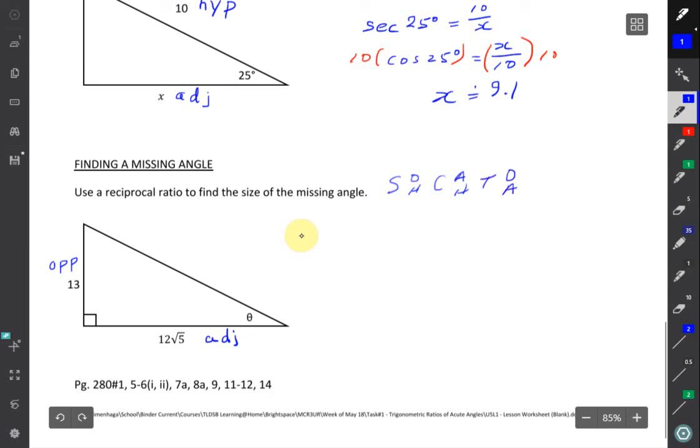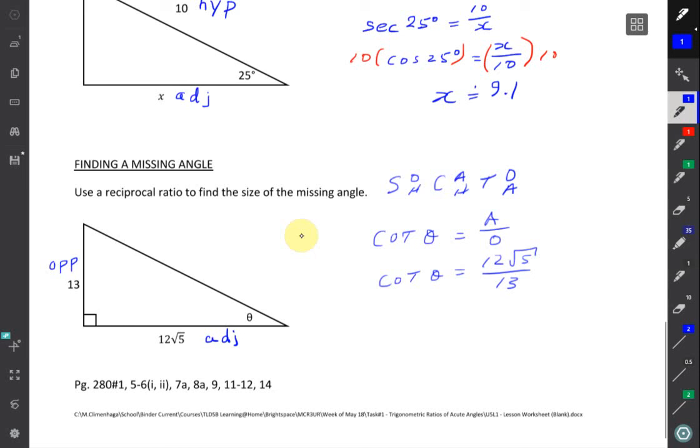So tan is the opposite over the adjacent. Cotan of the angle is the adjacent over the opposite. So the cotan of theta is equal to 12 root 5 all over 13.